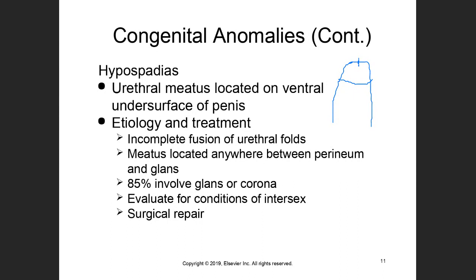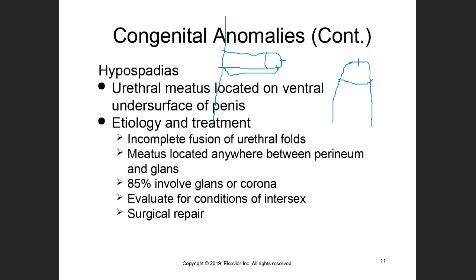So, hypo is under, hyper is over, okay? That means that this is the patient, then you have the penis right here, okay? This is the glans, this is the meatus. If you have this opening here or in any part from here all the way to here, that's hypospadias.